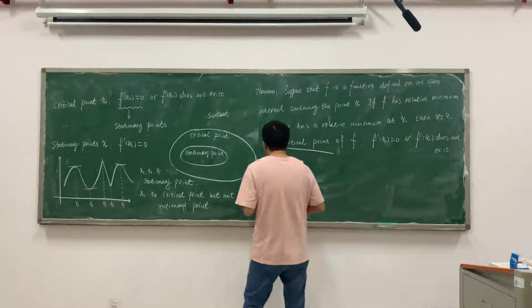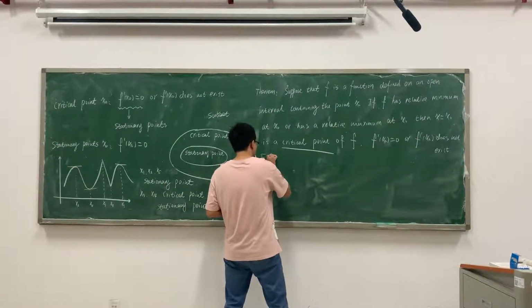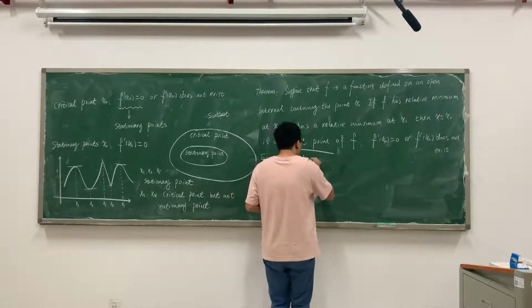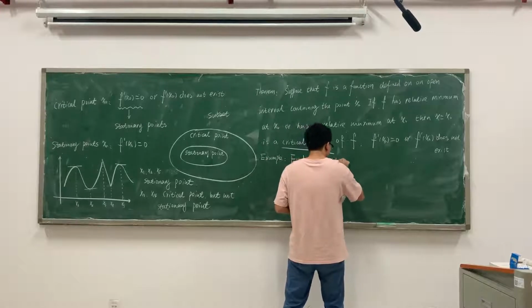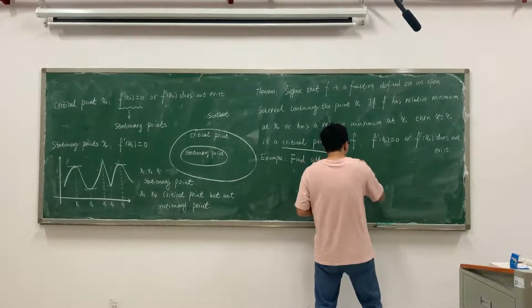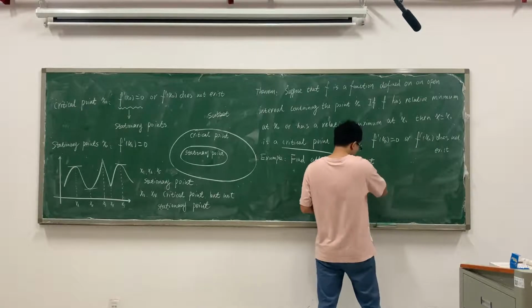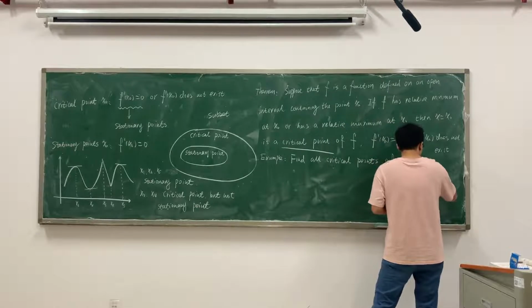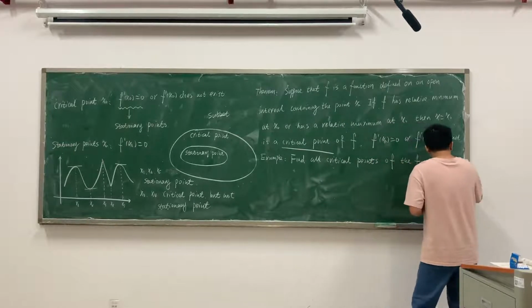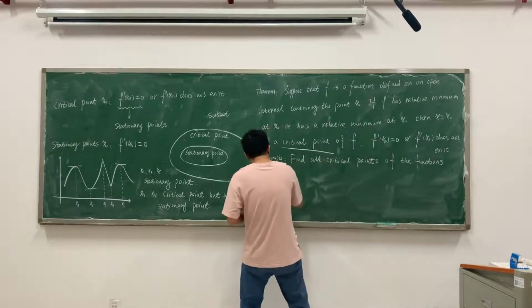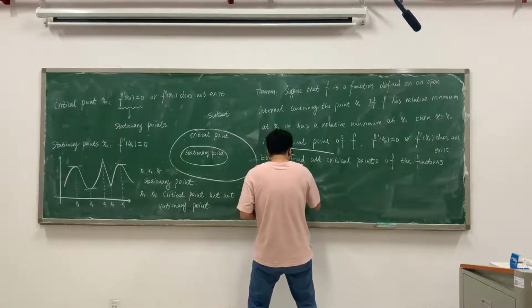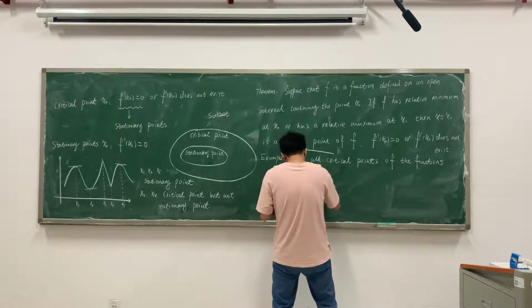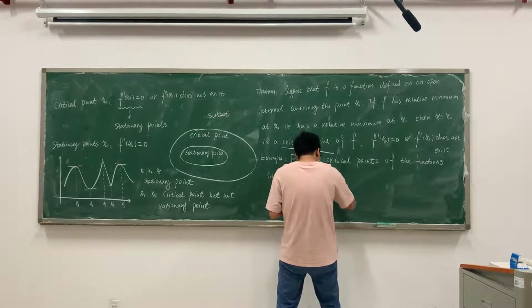Now let's see the example. Find all critical points of the functions. The first function is f(x) equal to x cubed minus 3x plus 1.